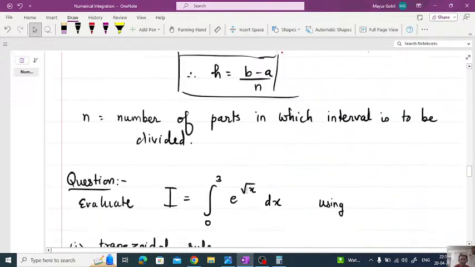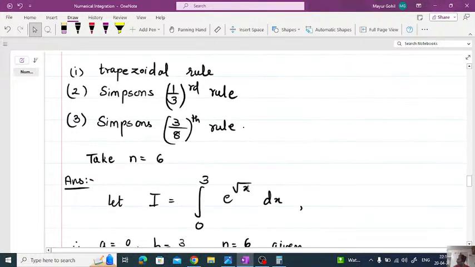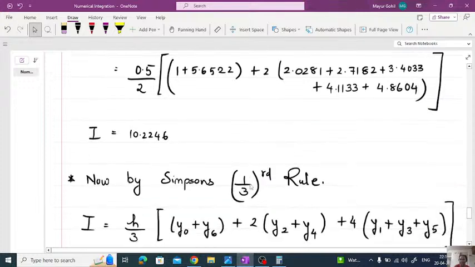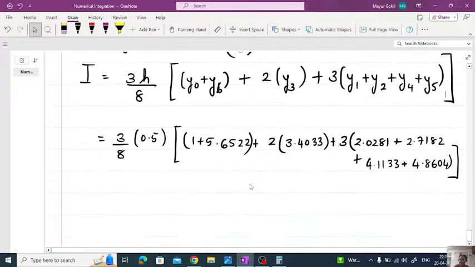Yeah. So we are not supposed to write multiples of 2. Multiples of 3 are important over here. In the 3/8 rule, multiples of 3 are important and they are taken with 2 times. Hello, are you getting that?